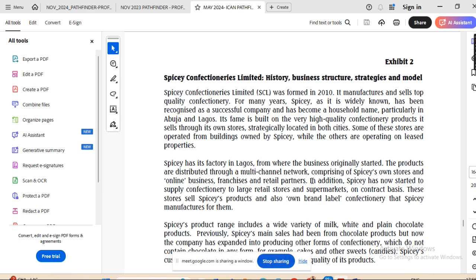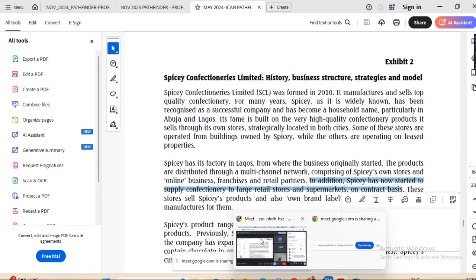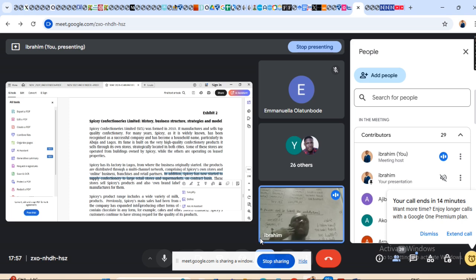So, in addition, Spicy has now started to supply confectionery to large retail stores and supermarkets, right? On contract basis. What I'm trying to bring in that part is because when you see the company financials, and you see that the company revenue is increasing, then you want to do the trend analysis.